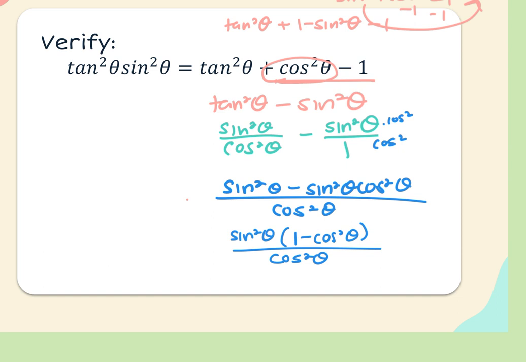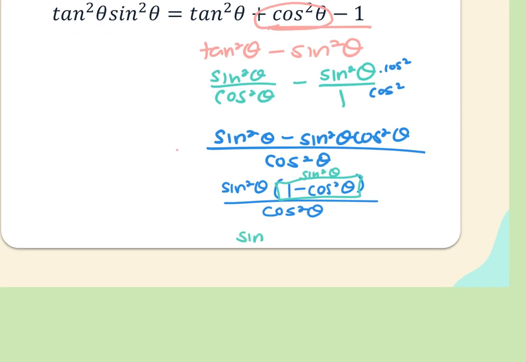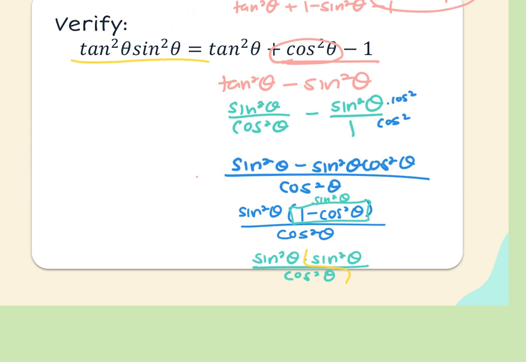One minus cosine squared is sine squared. So I can get sine squared times sine squared over cosine squared. And remember, if it's the product in the top or the bottom, I can actually just split that. Split it this way, and then it looks like the left. Sine squared over cosine squared is tan squared times sine squared.